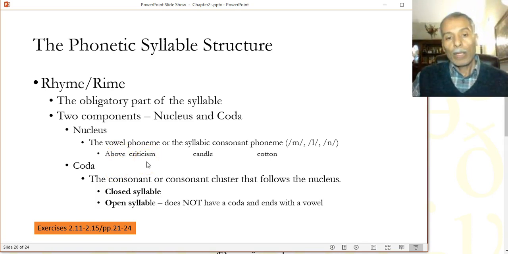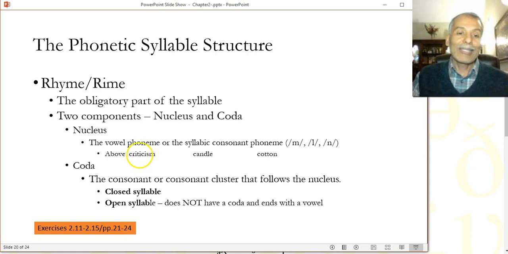Okay? Let's look at criticism. So cri is one syllable. It has the i at the end. So it has k, r, these are the onset. And then i is the rhyme, and that rhyme is only made out of a vowel.